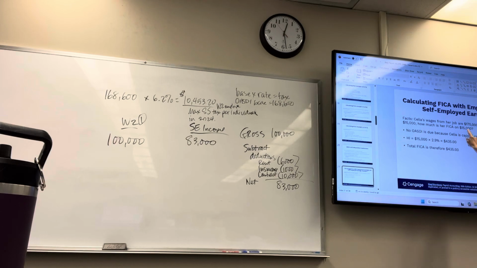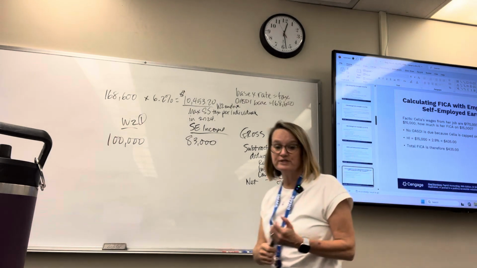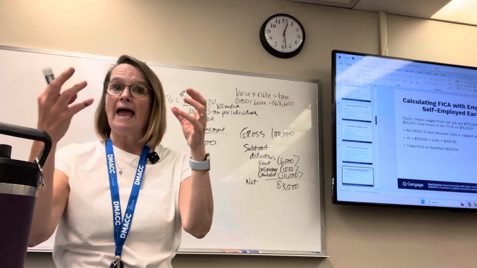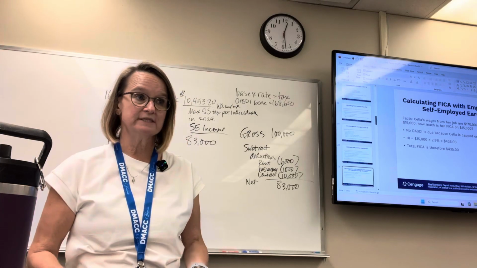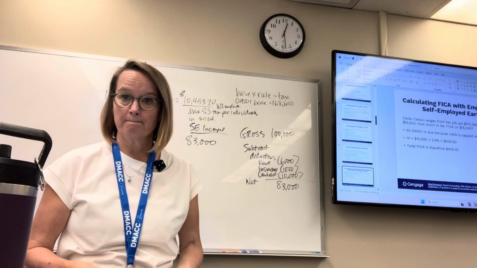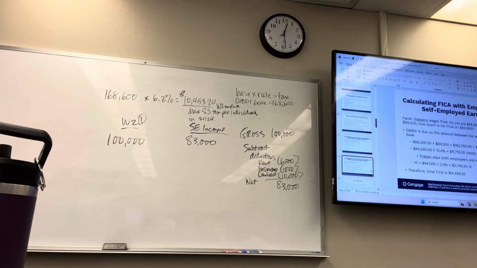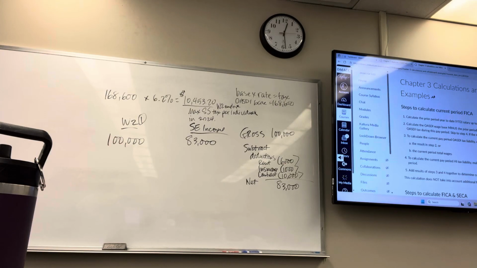So from her job, she's reached that cap, so the additional self-employment income has no Social Security tax associated with it. Okay? I'm seeing a lot of blank stares here. Let me show you the steps.